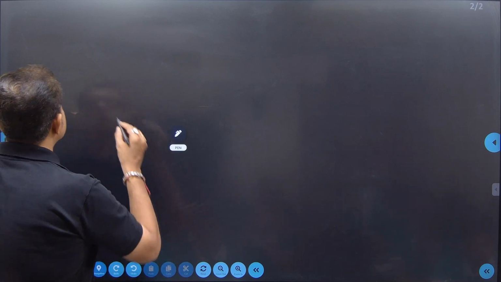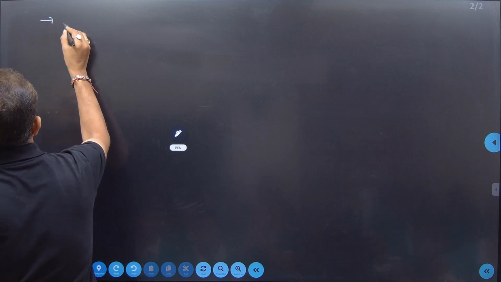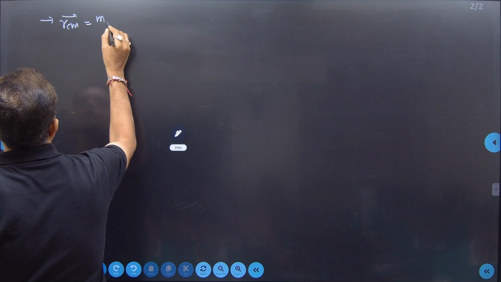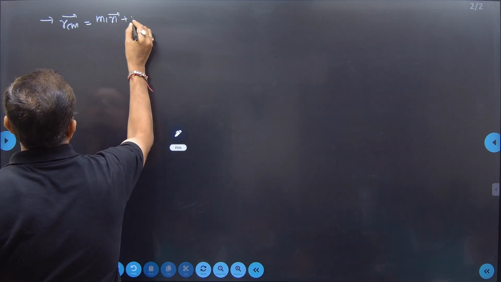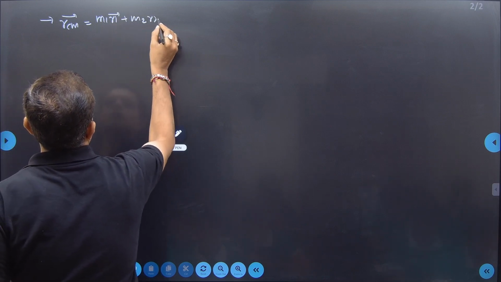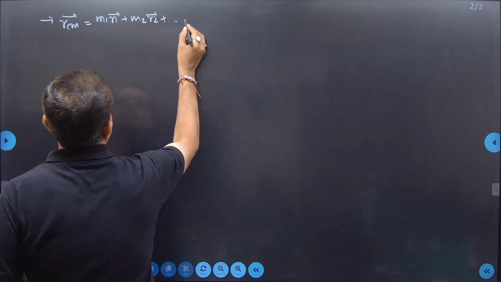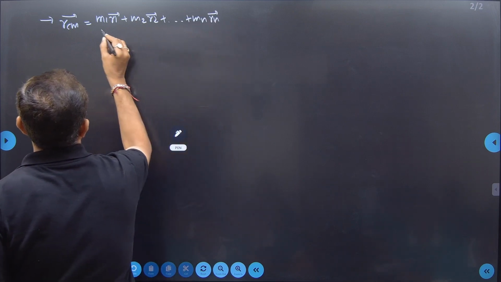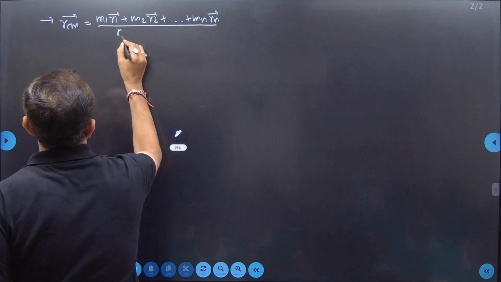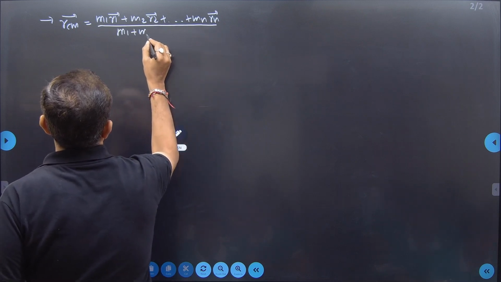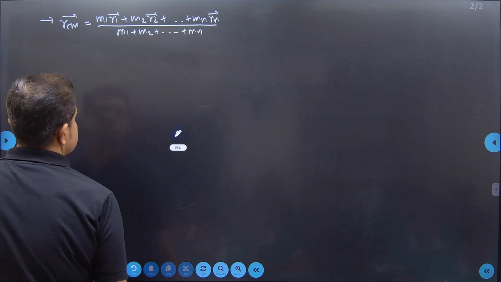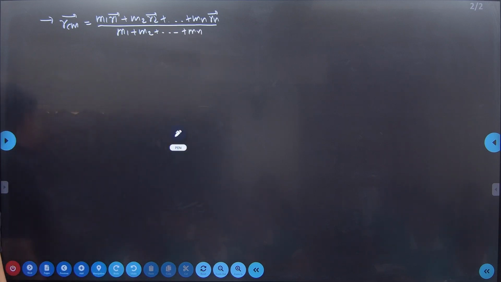The position of the center of mass rcm is (m1 r1 + m2 r2 and so on up to mn rn) upon (m1 + m2 and so on).